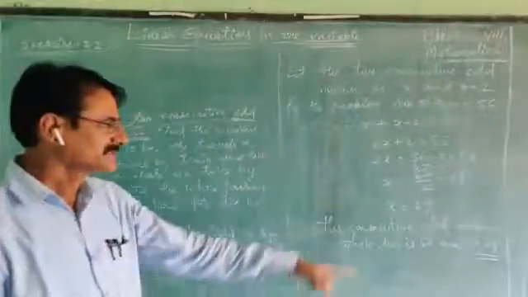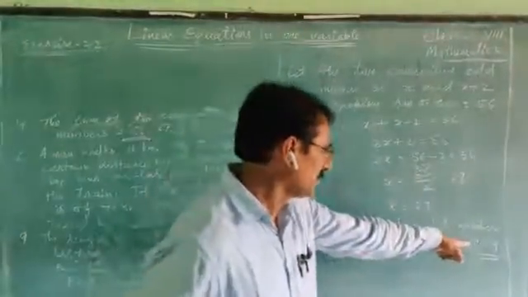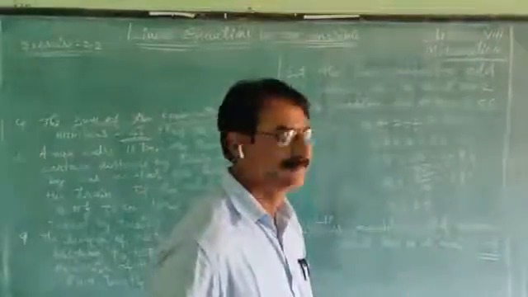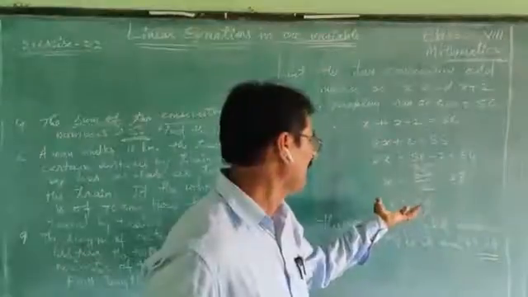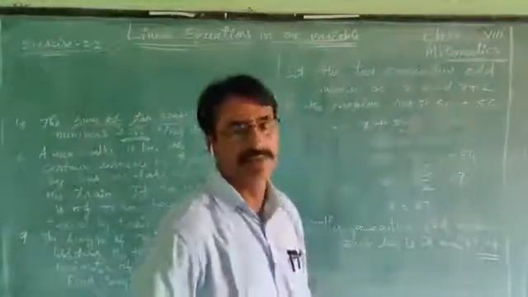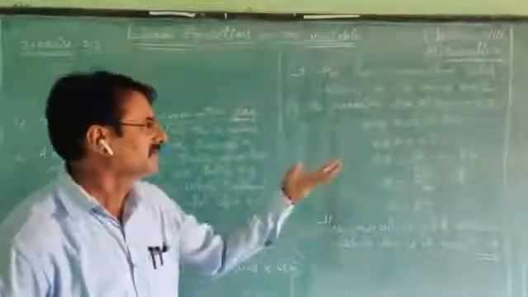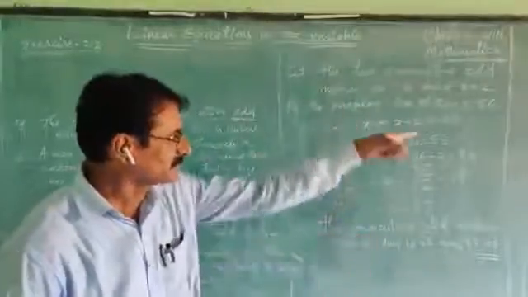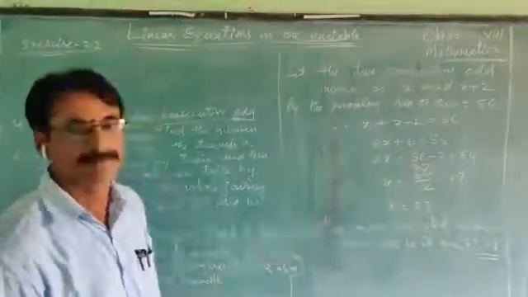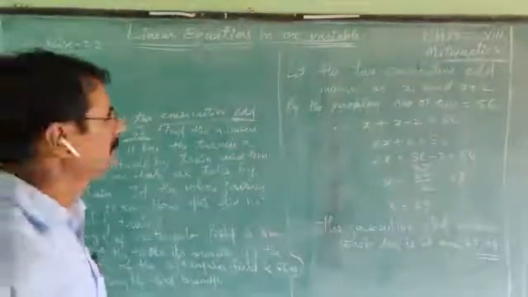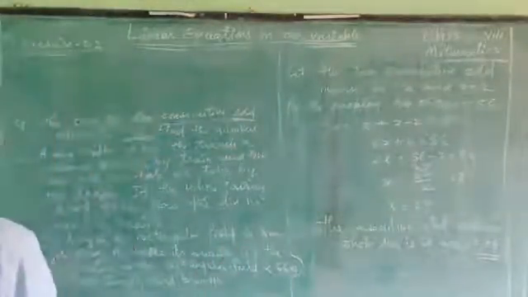You understand? Sum of them, 27 and 29 equal to 56. First, we have to find the x value, then we get the other number, the x plus 2 value. If x equal to 27, then x plus 2 equal to 27 plus 2, 29. Okay? See that one, you observe it?